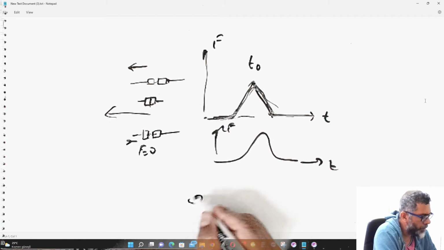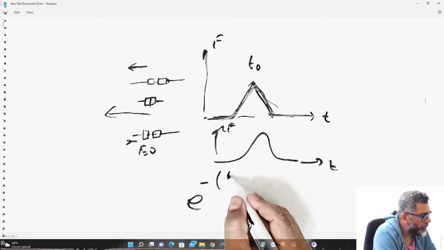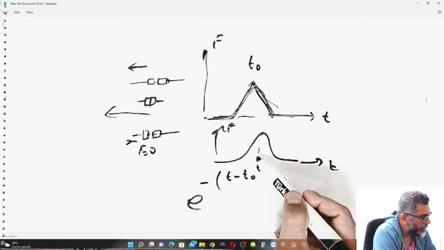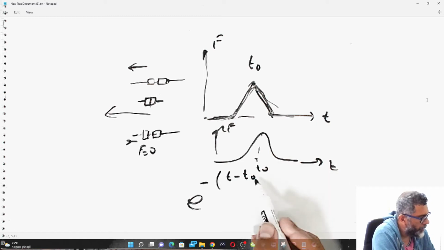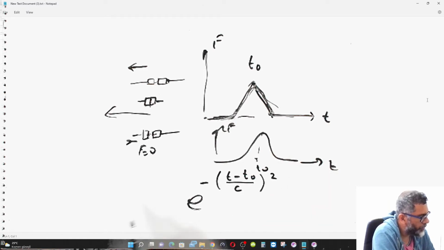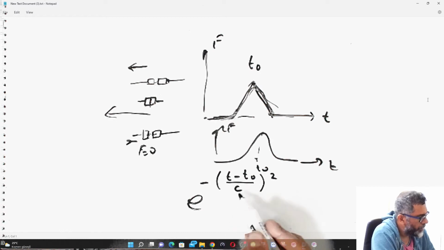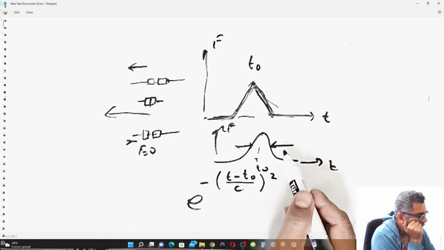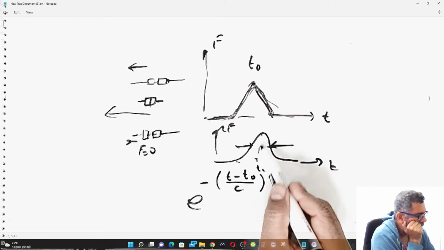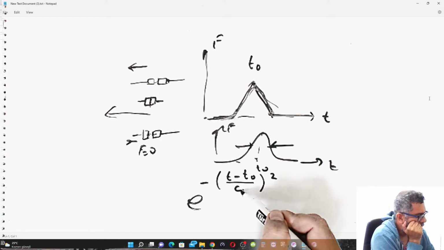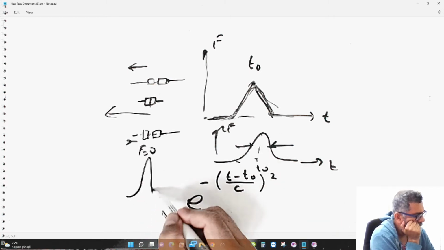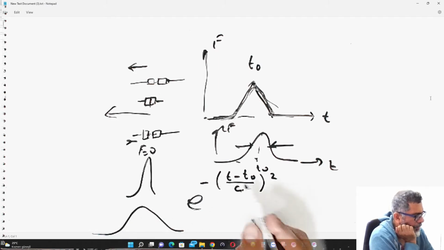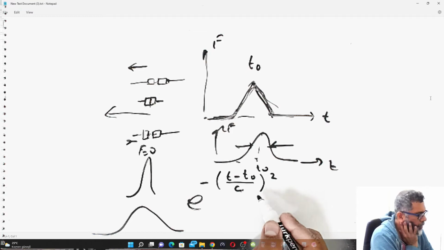It is exponential of minus (t minus some t0) divided by c, and take the square of this difference, because t0 is the center of the collision over time, so the peak appears at maximum value at t0. Well, you can view c as the width of this bell shape. For smaller c, this bell shape will look narrow, and for larger c, it looks wider. So you know what's going on over here.